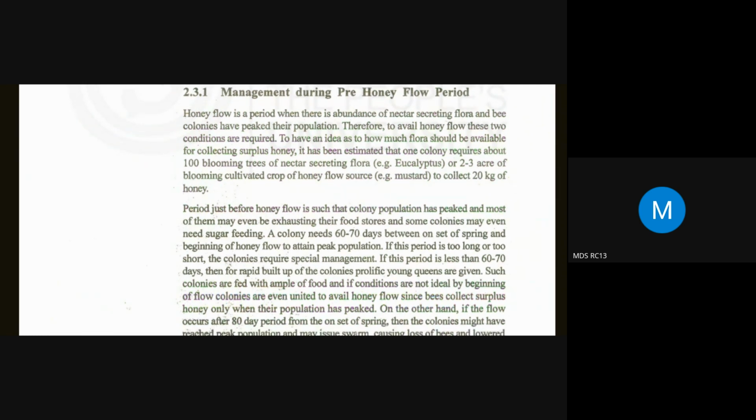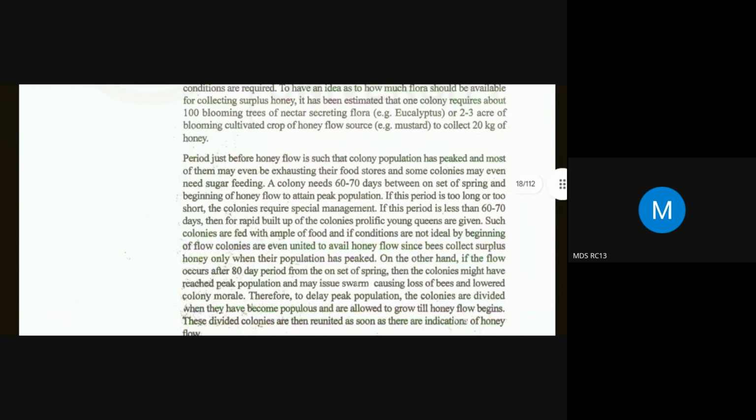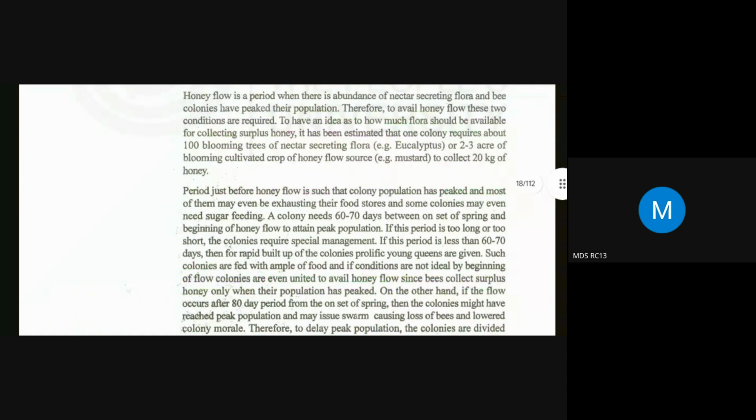Just before this flower opening takes place in that area, in the spring season the bees get themselves ready with more workers, building their population, making ready for proper utilization of the honey flow period just before the flowering season occurs.